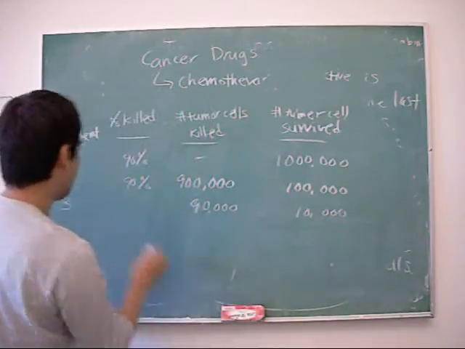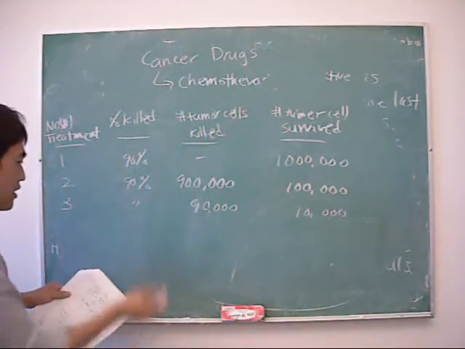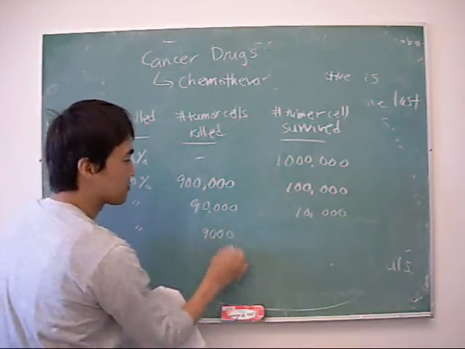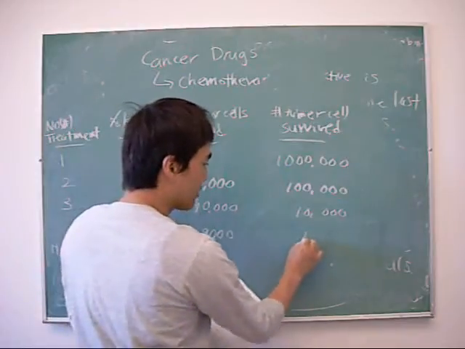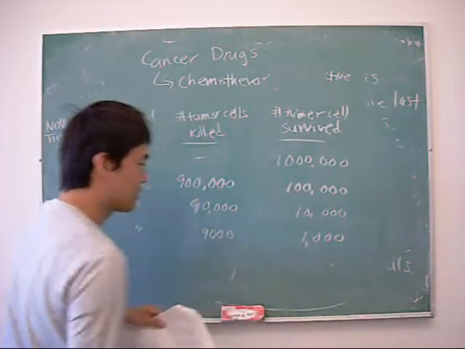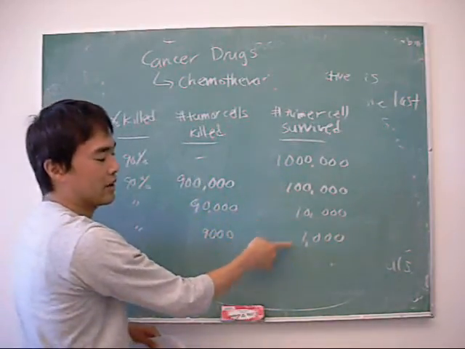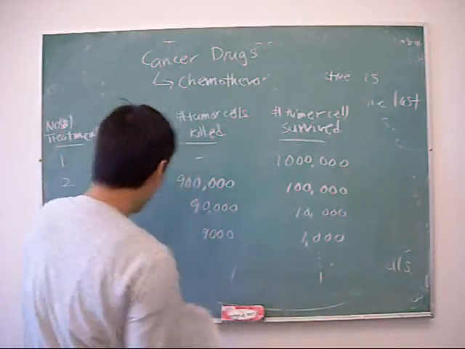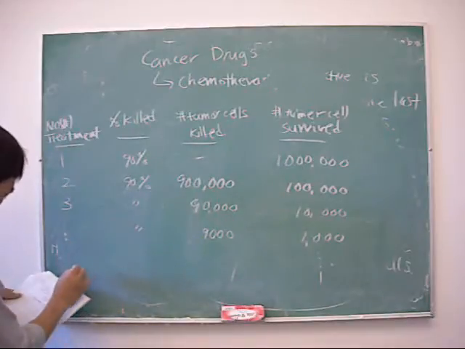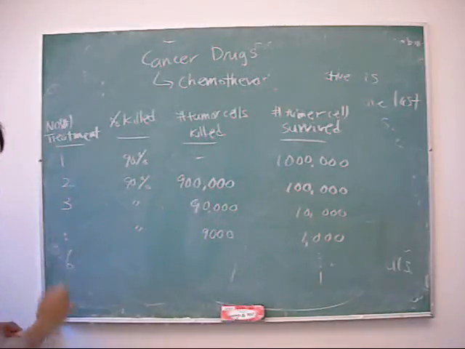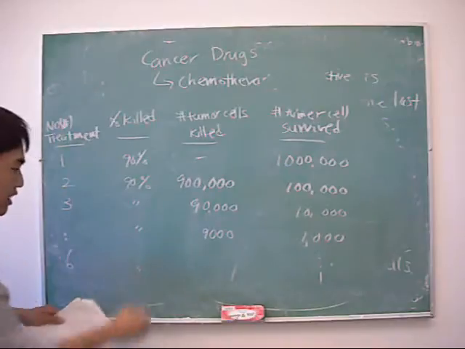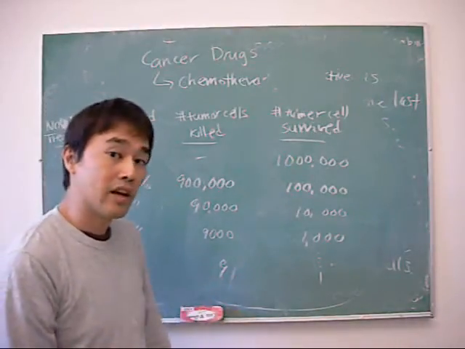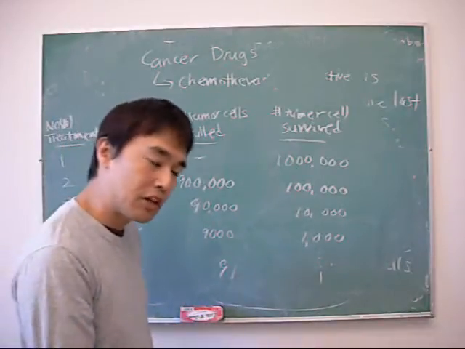The next round, 90% killed, so you have 9,000 killed and 1,000 survived. So basically it goes by 90% killed every time, all the way down to 1, and that's after 6 treatments. Again 90% killed, you have 9 killed and 1 left.